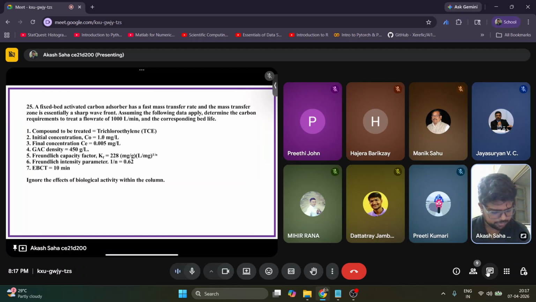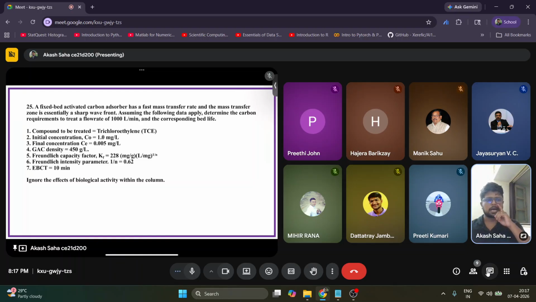So how much carbon will be required? Apart from that, it is a kind of design problem for any carbon adsorber. So you have to find out how much GAC is required, and then also how much volume of water will be treated and what is the bed life.